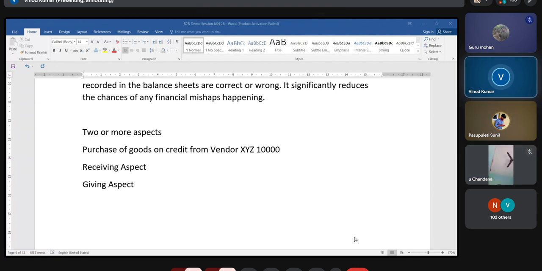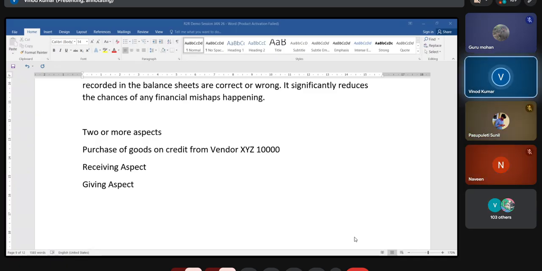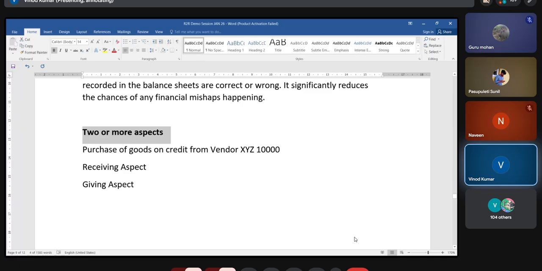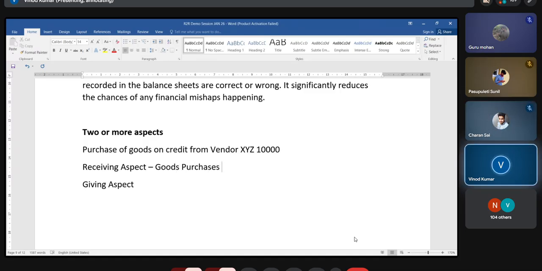So what is the receiving aspect and what is the giving aspect? Let's understand this. Here we are purchasing the goods on credit basis. What are we receiving in this particular transaction? We are receiving goods, the purchases. And who is the giver here?